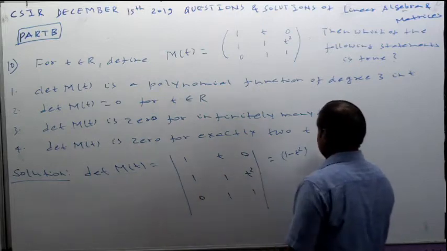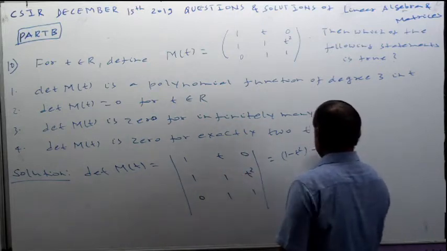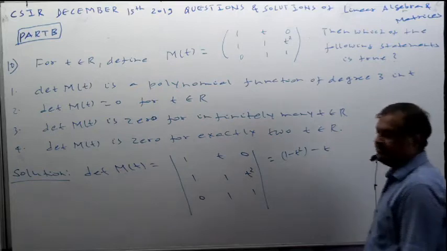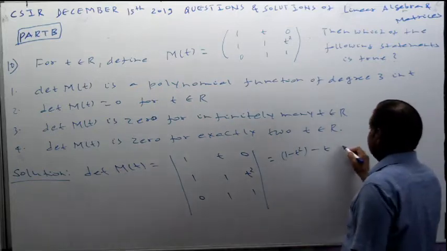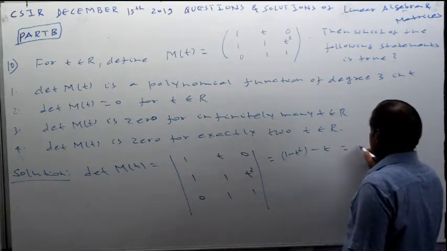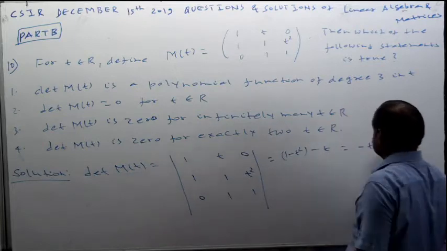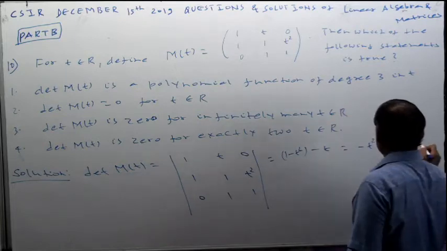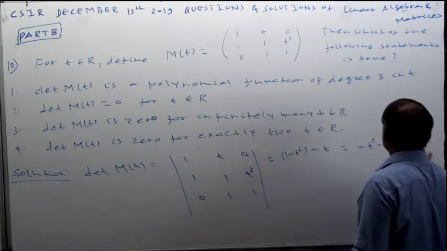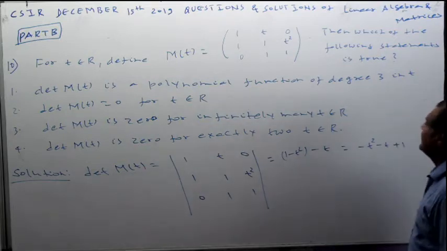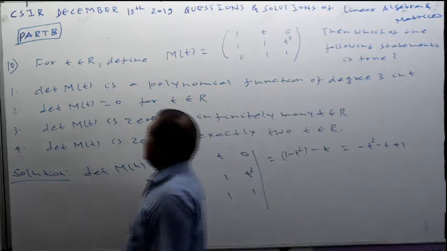Minus 1 into t. Are you happy? Which is equal to minus t square minus t plus 1. See this. So this is a polynomial of degree 2 in t. That option is totally wrong.